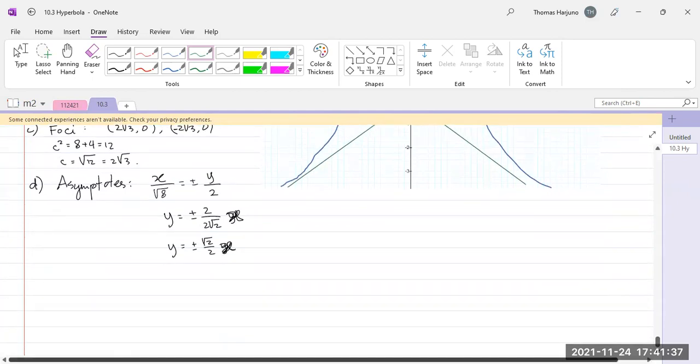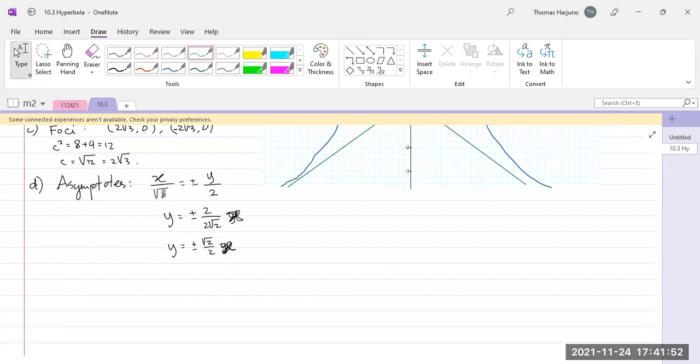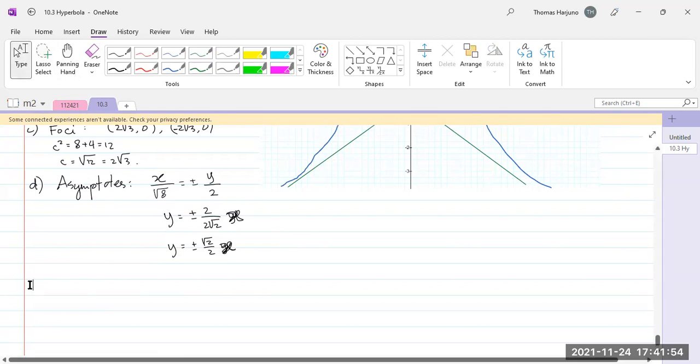Okay, let's do more. How about if we do number 10? What I go over here is actually still at the level of intermediate algebra.